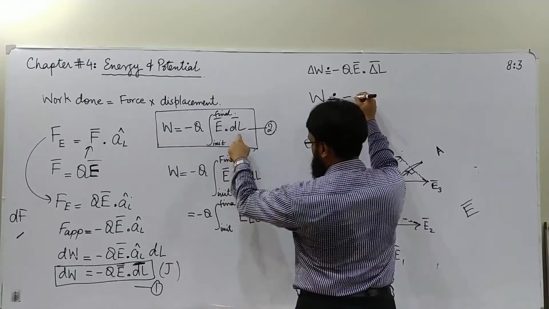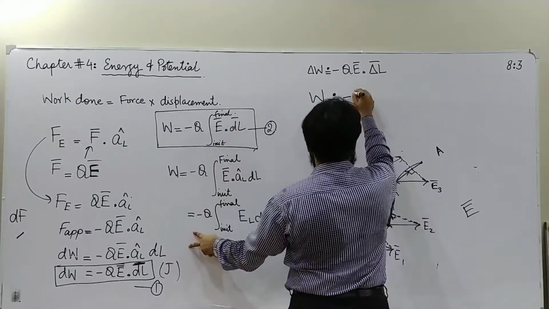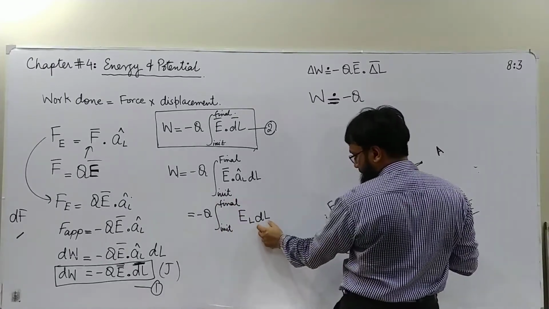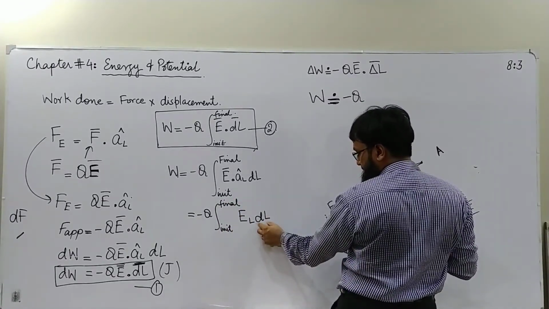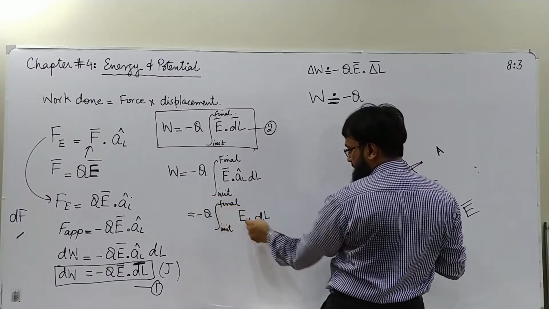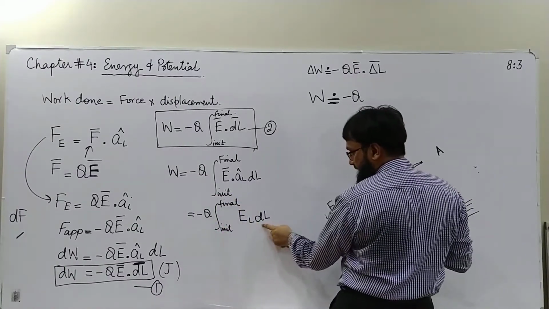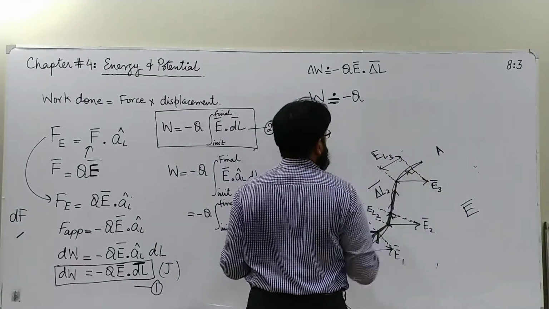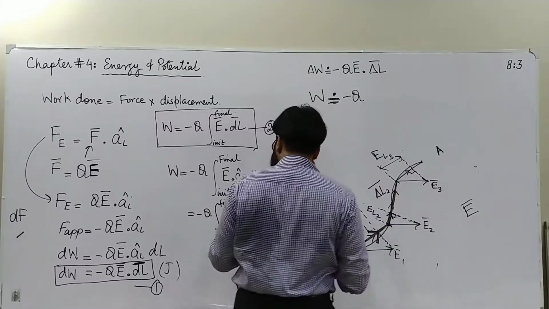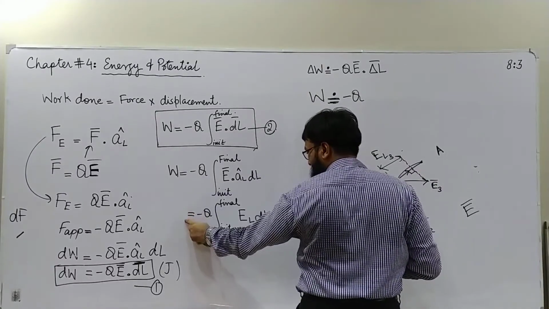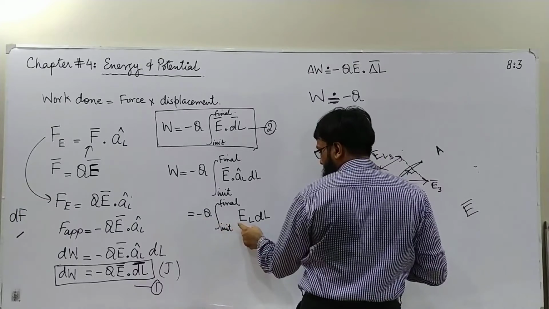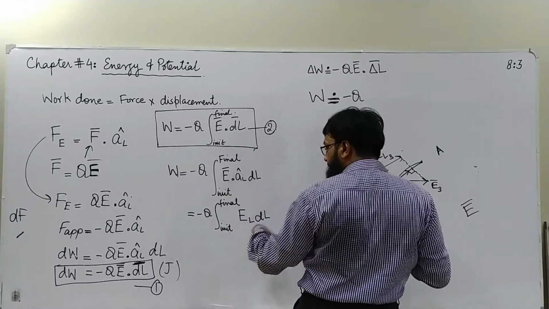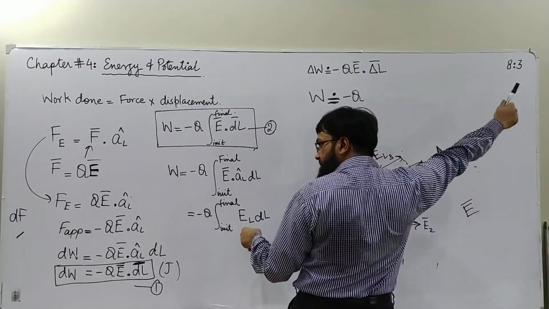minus q. All these three equations are the same, minus q. Since I am not dividing this into differential lengths, I cannot integrate it, because for integration we need an infinite number of differential lengths. I am dividing this into a finite number of incremental lengths. The work done will be exactly equal to minus q if I divide the whole path into differential lengths, take this product, and add the product for each of those differential lengths.